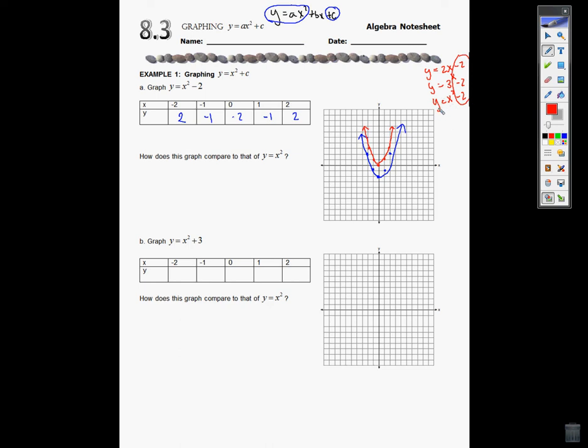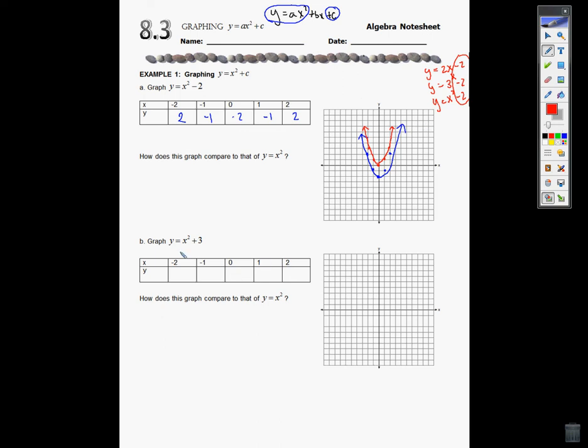They're all shifting the graph downward. So that rule that we have for other types of functions is still true here. That's a nice easy thing to remember. Just think of it the same way you would for exponential or linear functions. It's just a vertical shift.